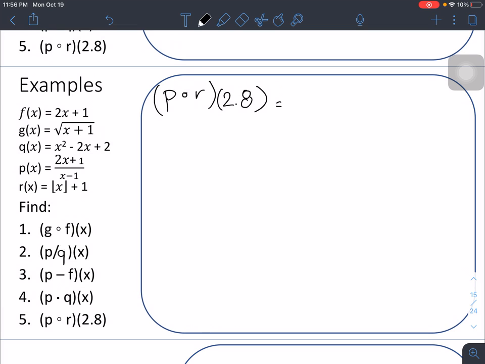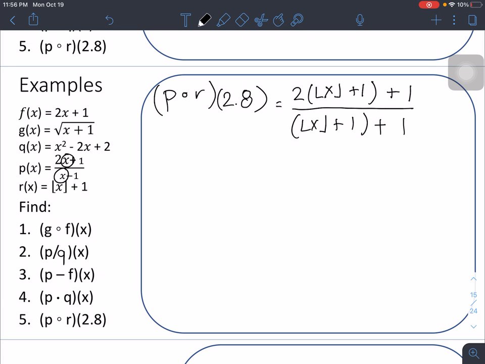So this is the p function. Replace all the x's with the r function. So this will be 2 times floor function of x plus 1, over floor function of x minus 1, which is floor function of x plus 1 minus 1.